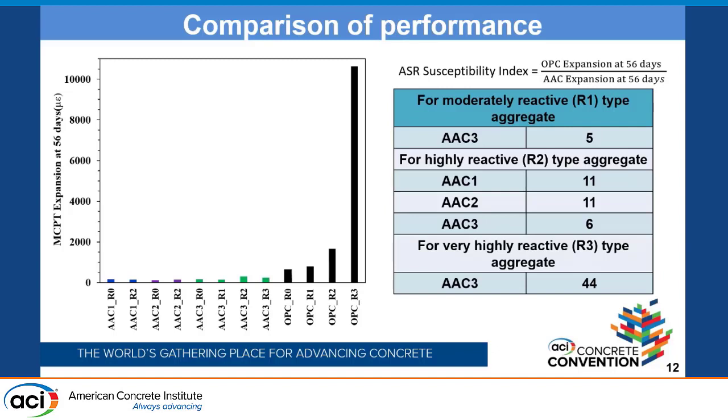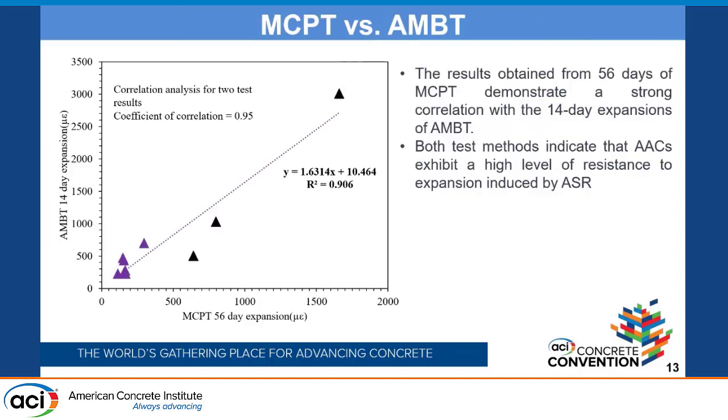Especially for the case of reactive aggregate 3, that is Chope sand, we see that the alkali-activated concretes are 44 times less prone to ASR as compared to OPC.